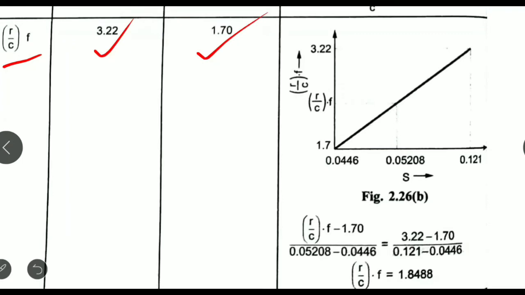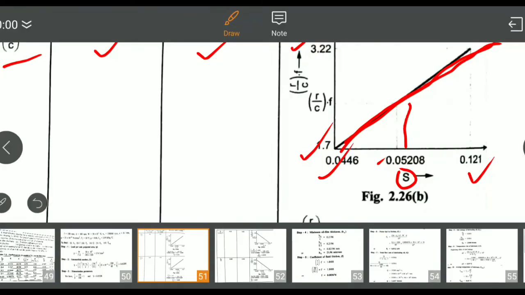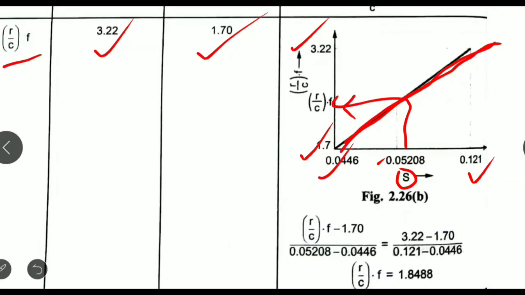So this is on the y-axis: lower limit 1.70, upper 3.32. As I told you, on the x-axis are always the known terms. Known means minimum, maximum, and what we want to calculate, 0.058. And this graph is also directly proportional. If I calculate this one, I'll get the same as the previous one.